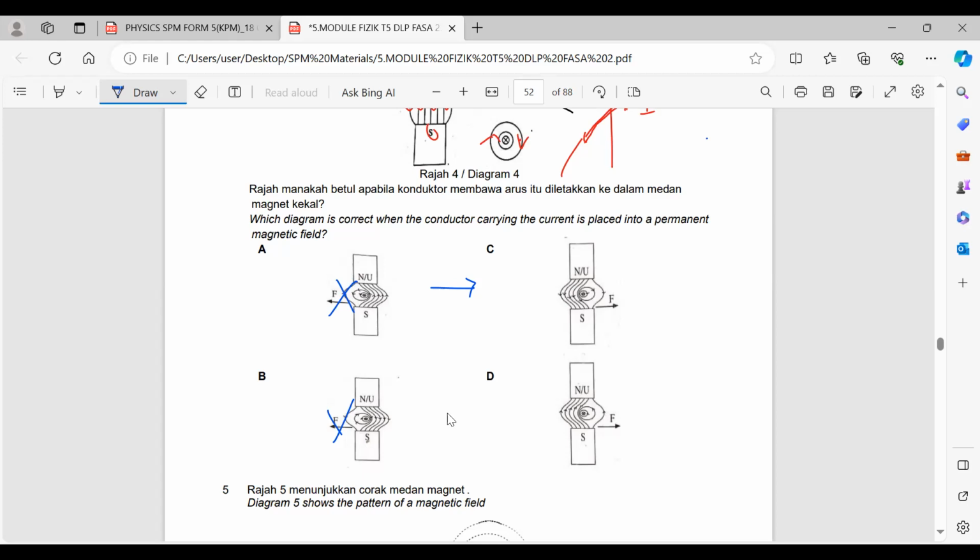This one is the opposite direction of magnetic field. So the best choice of answer?